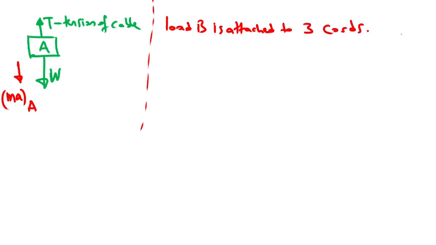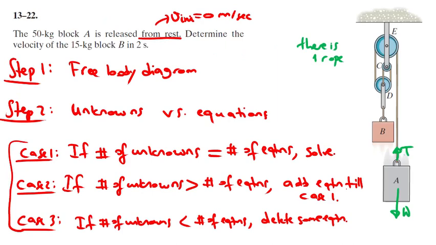Therefore the best approach is to start from pulley D. You can see that B is attached to that one, and that one is attached to 1, 2, and then 3 here.